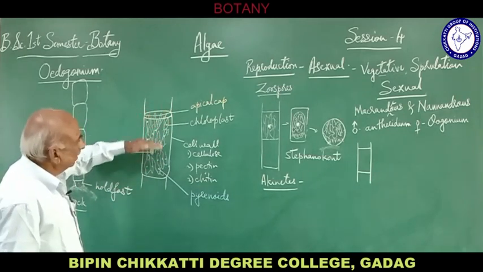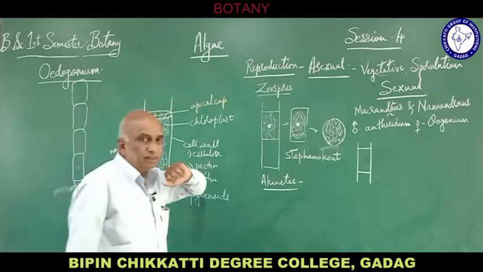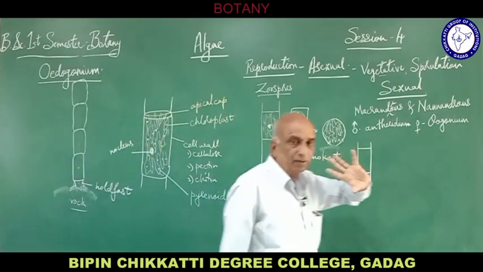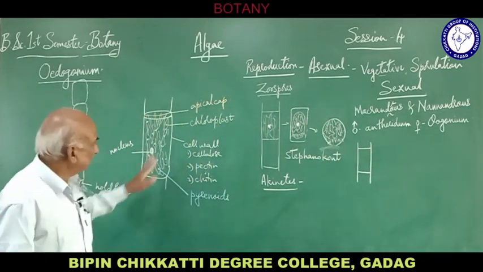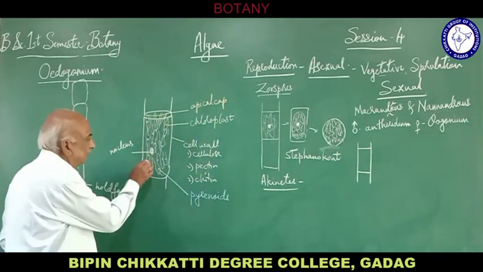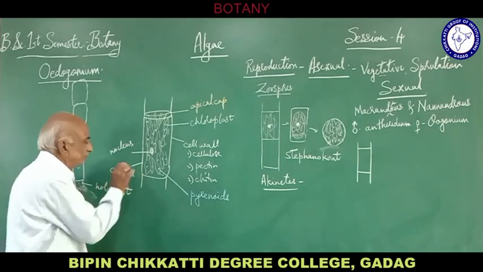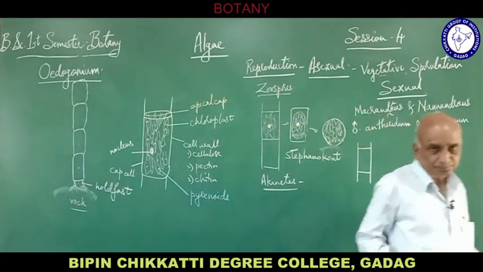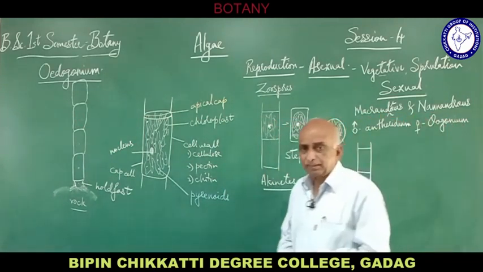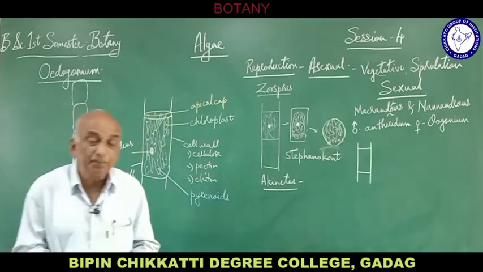So at the one end of the cell they appear like a cap like structure at the apex or the end of the cell. That is why they are called as apical caps. And such cells which are having apical caps, they are called as cap cells. When there is no apical cap, they are normal cells. So this cap cell means it is somewhat a developed cell.